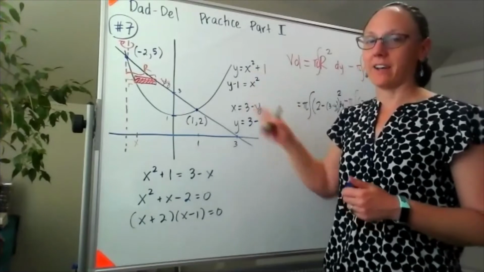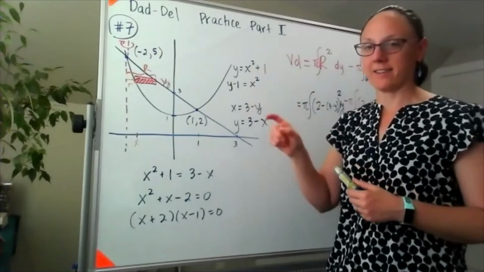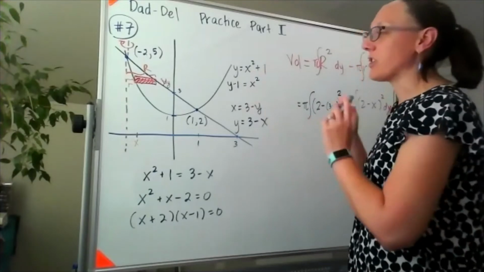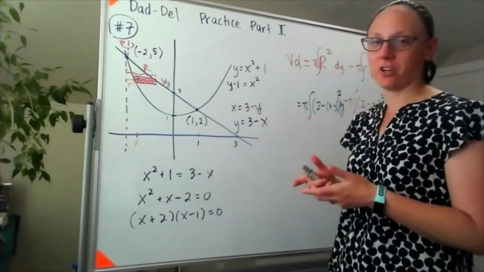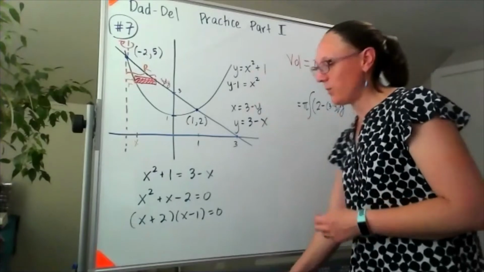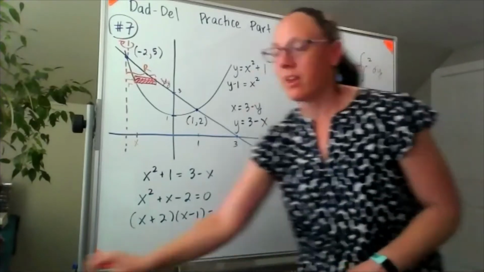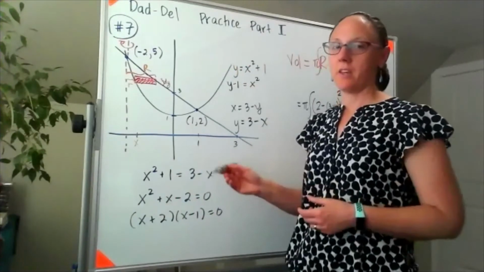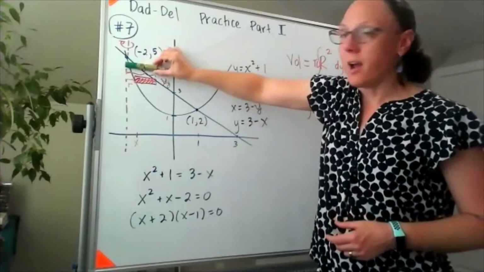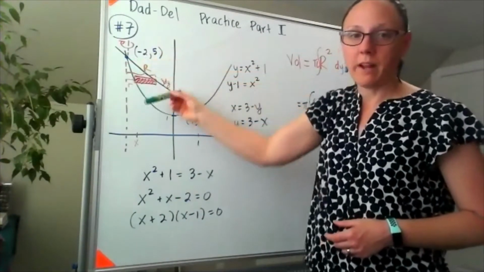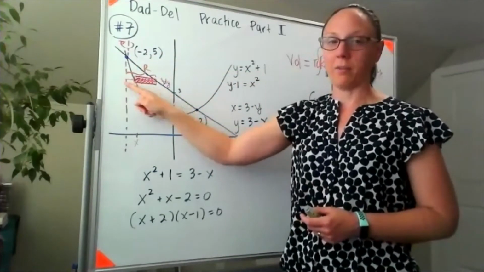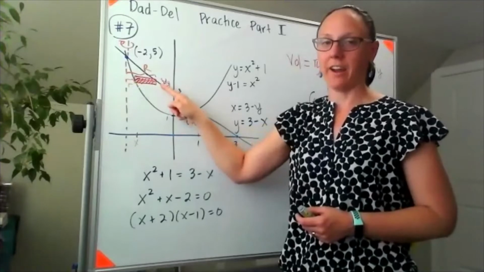Solving that for x, I actually get a positive and a negative square root, which leads me to the second complication of this problem, which is if I'm taking my arbitrary cross sections horizontally, then up here at the top, we can see that the inner radius is hitting the parabola and the outer radius is hitting a line.